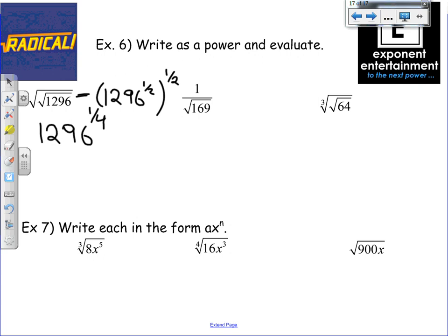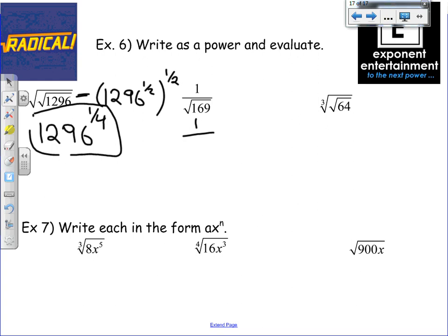This one is just the square root of 169. To rewrite that one as a power is simple: 169 to the power of 1/2. It is saying to evaluate them, guys. I know you know how to evaluate them. You can try that on your own in your calculator.